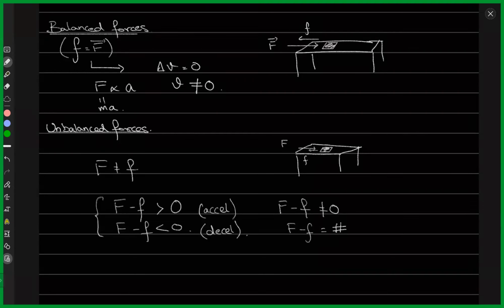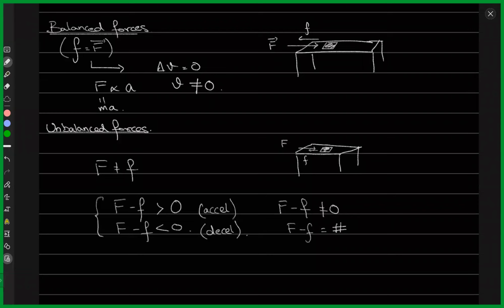So coming back to this thing. I'm applying a force to move it forward. If I want it to move forward, I'll say it's accelerating. So if the force that I'm applying, which is capital F, to move the book forward, is greater, then I would be accelerating the object. The object would keep gaining speed.